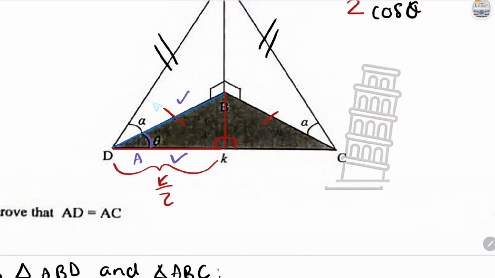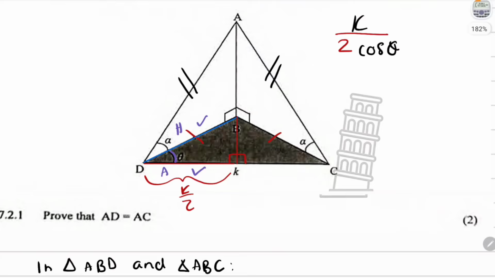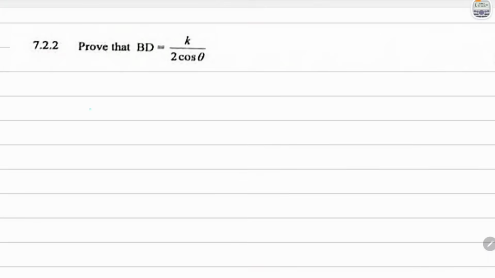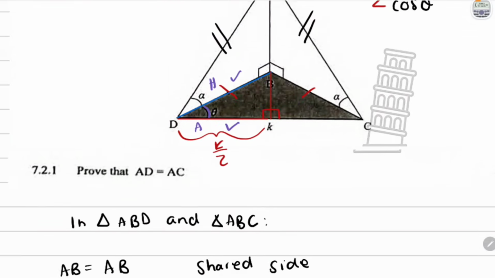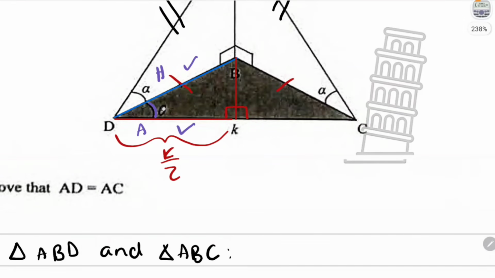If you're using your adjacent and your hypotenuse, you have to use the function cos, because cos is adjacent over hypotenuse. So now I have to say cos of theta is equal to the adjacent over the hypotenuse.